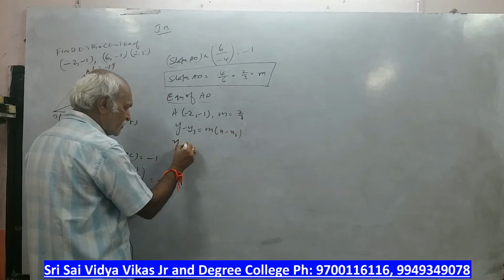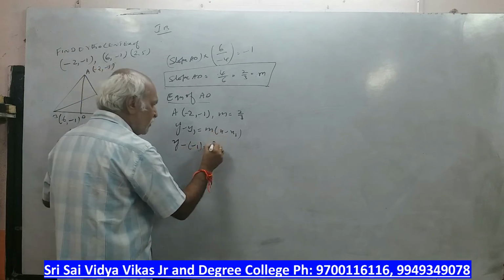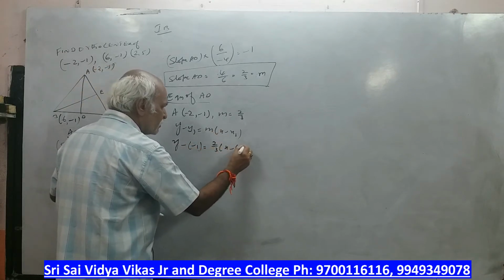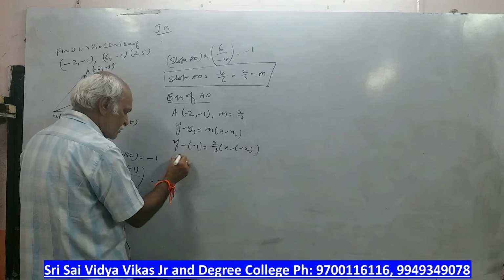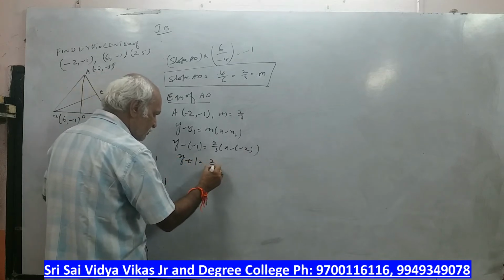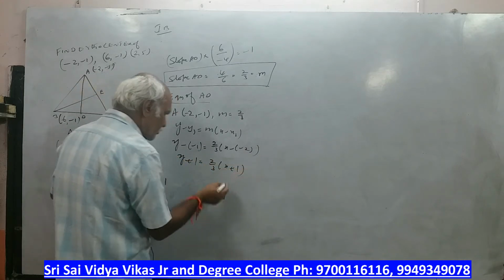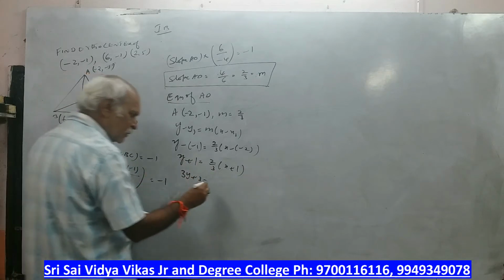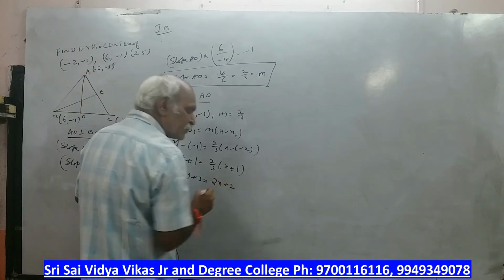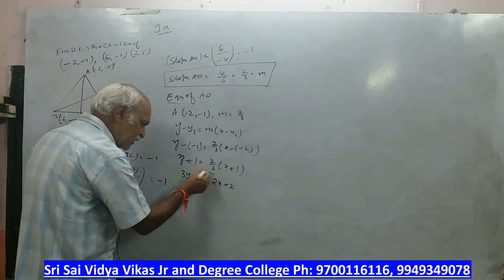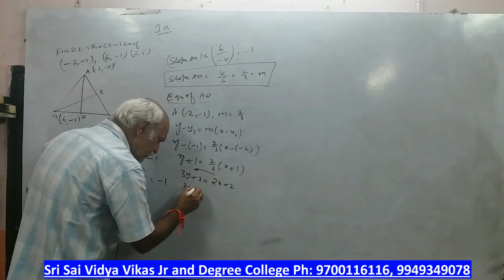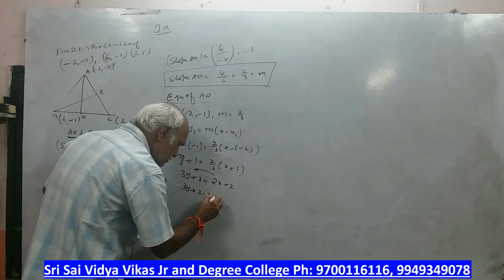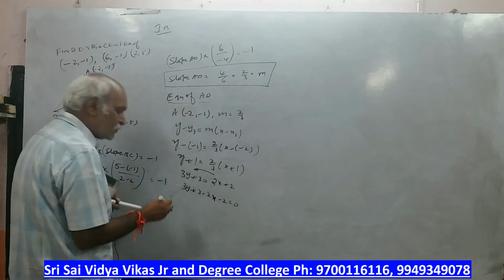So y minus of -1 is 2 by 3 into (x plus 2). Cross multiplication: 3y plus 3 equals 2x plus 4. Bring the terms to this side.